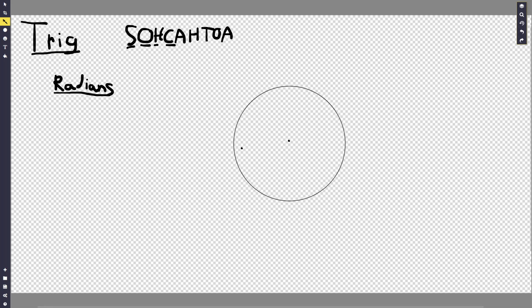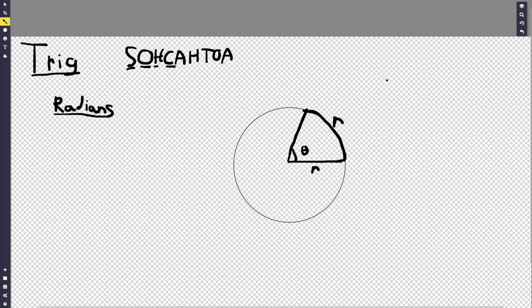A radian is slightly different. A radian is an angle in a circle, about there, and we can call it theta. A radian is the angle of the circle where the radius is equal to the arc that the angle contains. So this arc is also equal to the radius, okay? And so using some simple algebra, we can figure out how many radians are in a circle.